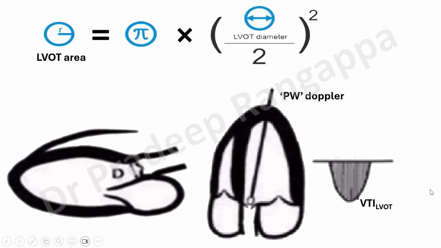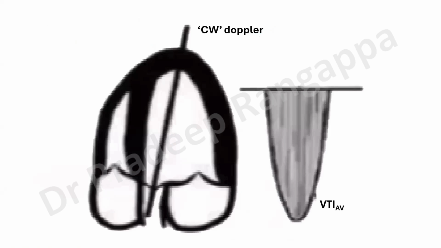You get the LVOT signal, and you take a trace of this, which will give you LVOT VTI. So you calculate LVOT area multiplied by LVOT VTI divided by aortic VTI. That gives you the aortic valve CSA, cross-sectional area.